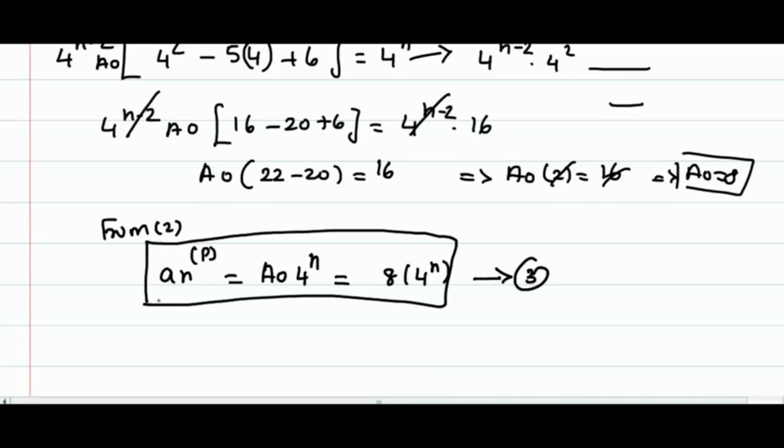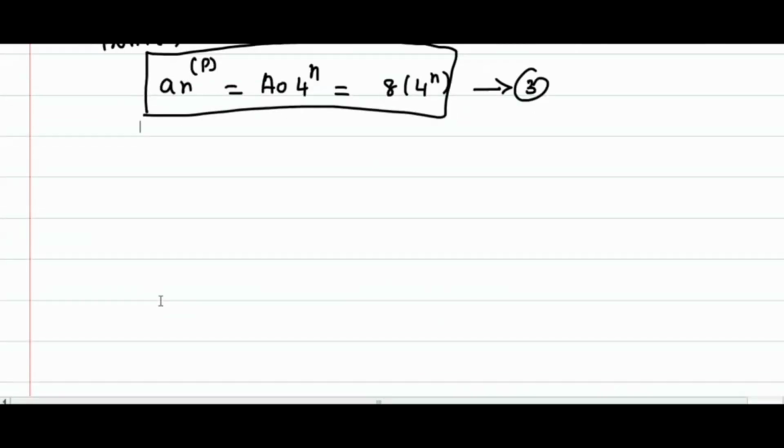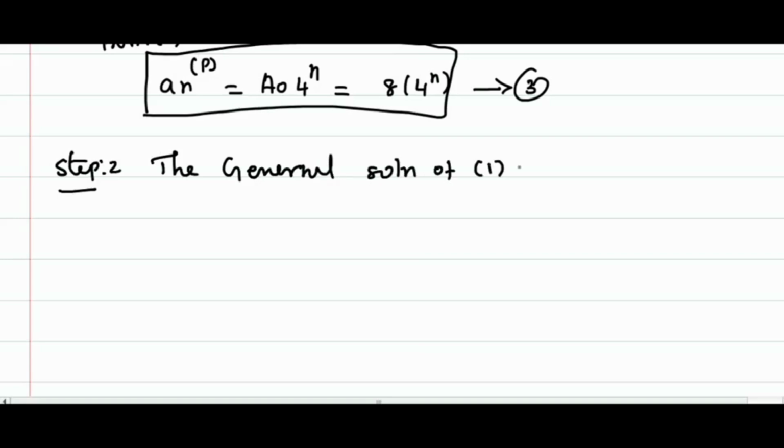Step number 3, adding the homogeneous solution and particular solution. We write the general solution. The general solution of the given equation 1 is a n power h plus a n power p.